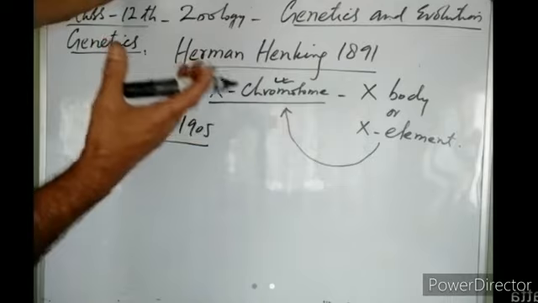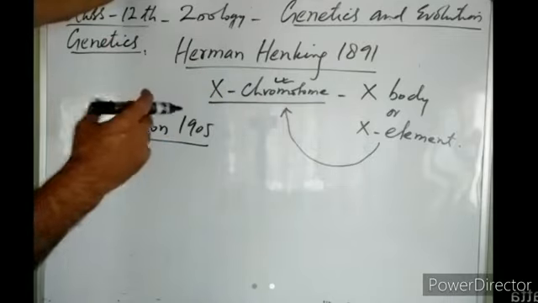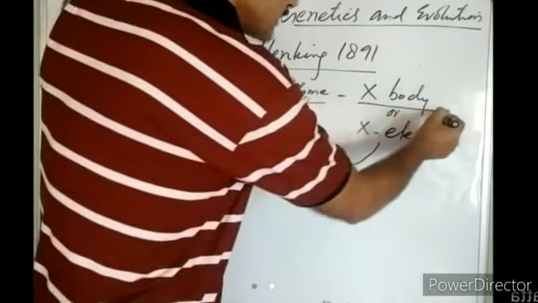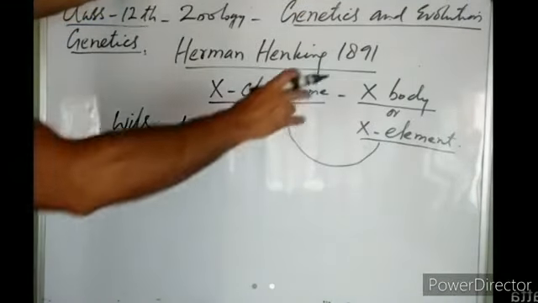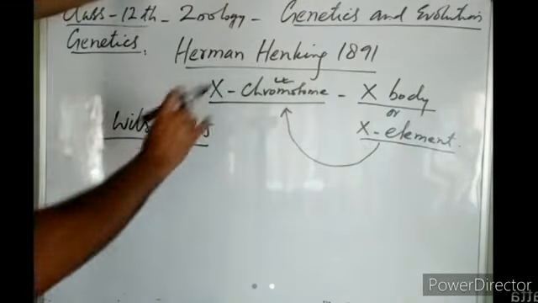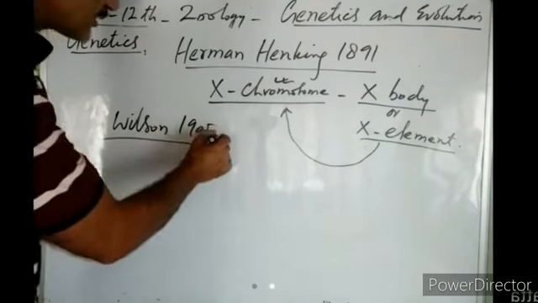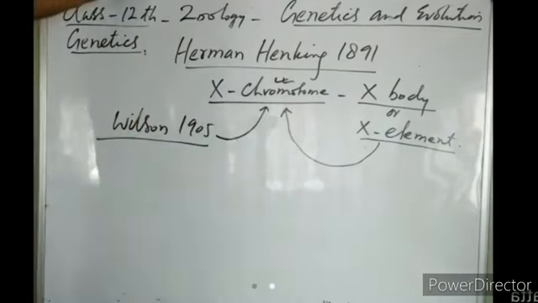He only found it as a dark staining body. He called this dark staining body as X body or X element, right? Then who found that this X body is a chromosome? It was recognized as a chromosome by Wilson in 1905, and Wilson named it as X chromosome.